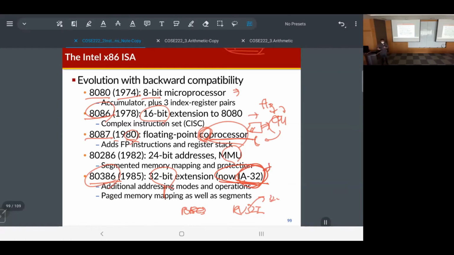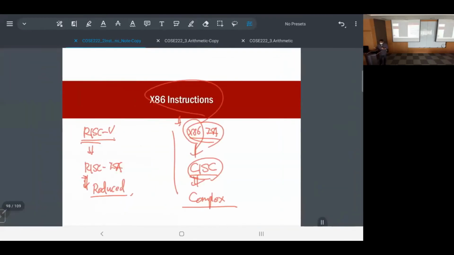And this 32-bit instruction set can only support 4 GB of memory. You can easily calculate it: 10 bits is the kilobyte, 20 bits is the megabyte, and 30 bits is the gigabyte.